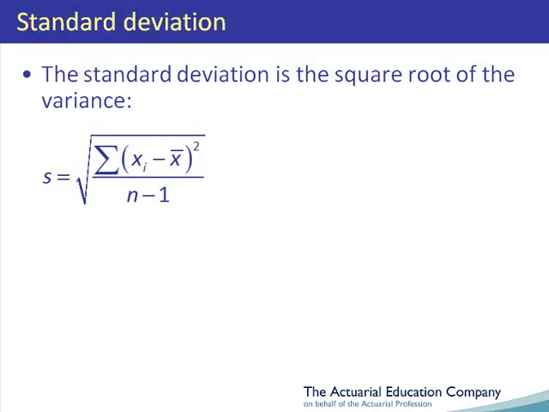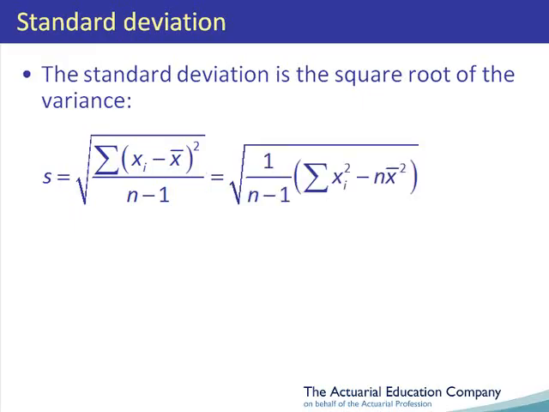In terms of formulae, we have S is equal to the square root of the sum of (xi minus x bar) all squared divided by n-1. Similarly, the alternative formula for S is also given here.